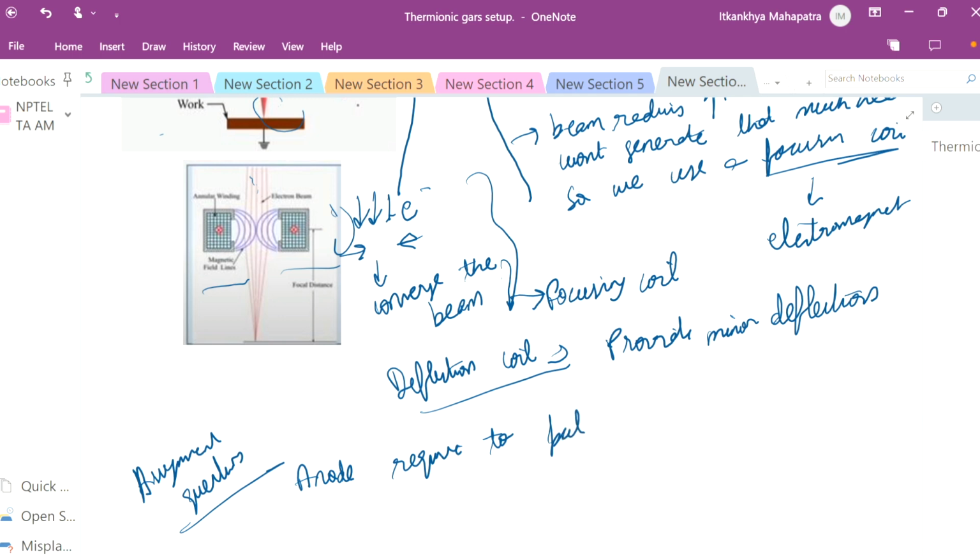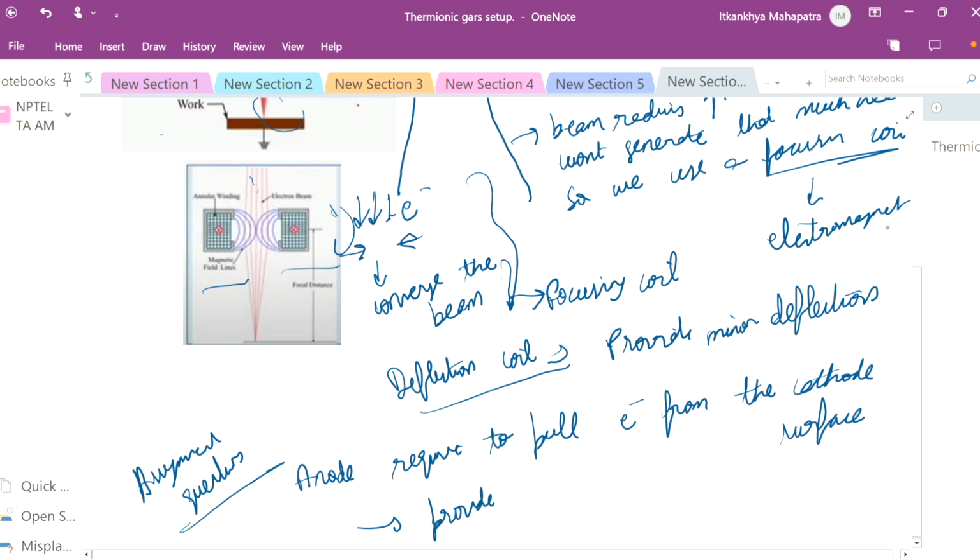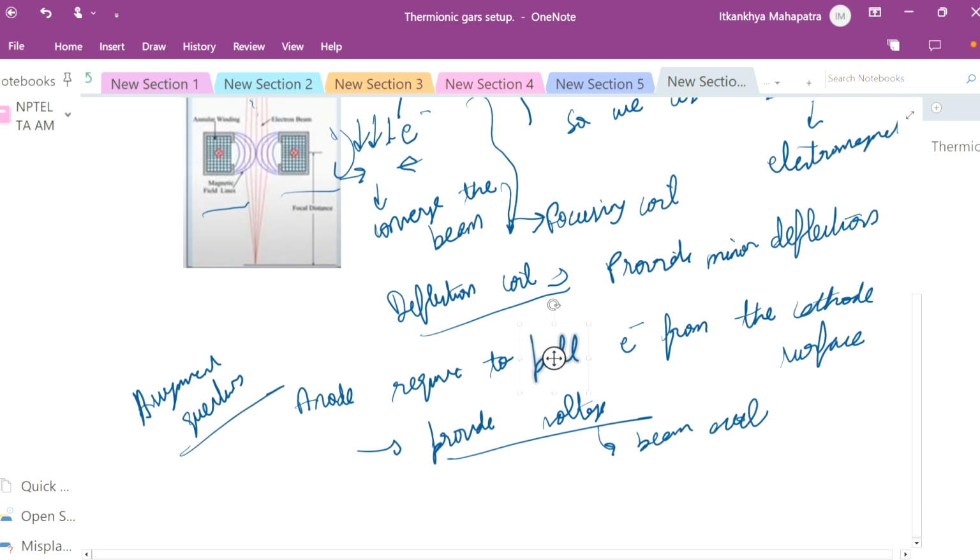The anode is required to pull electrons from the cathode surface. The voltage it provides is known as the beam acceleration voltage, the acceleration voltage.